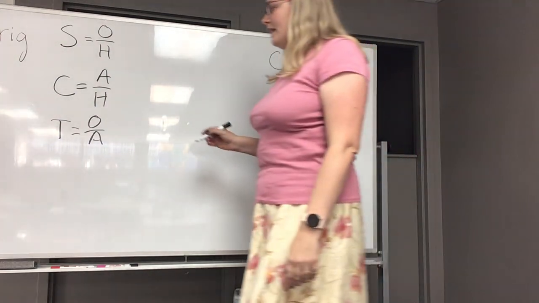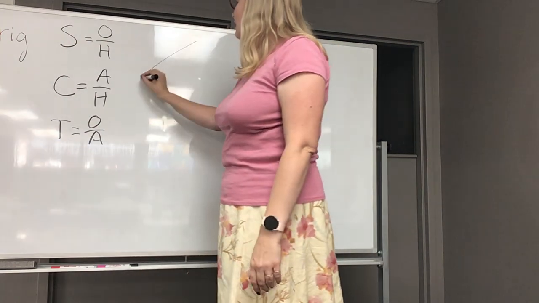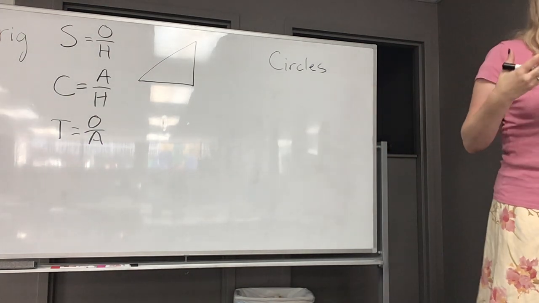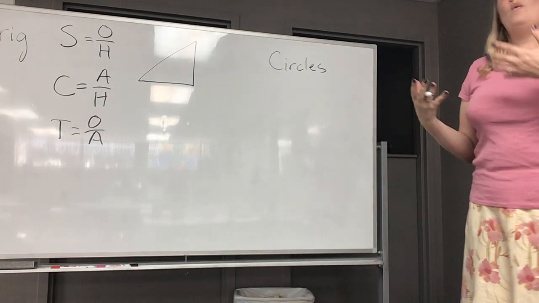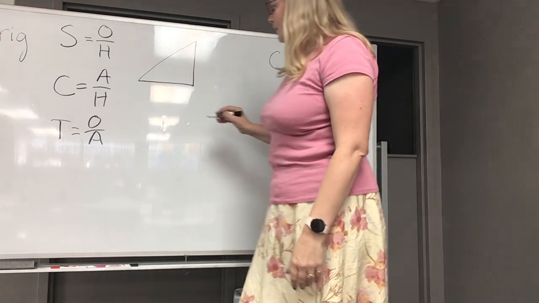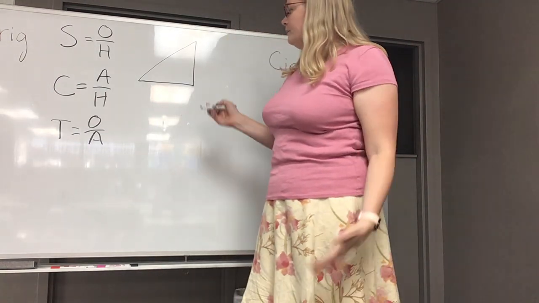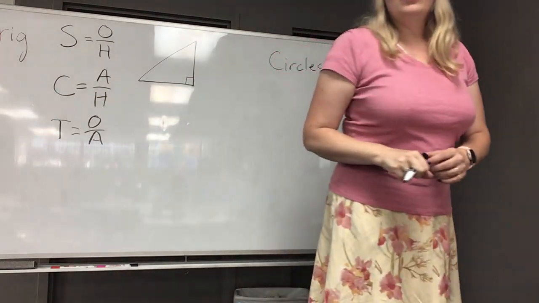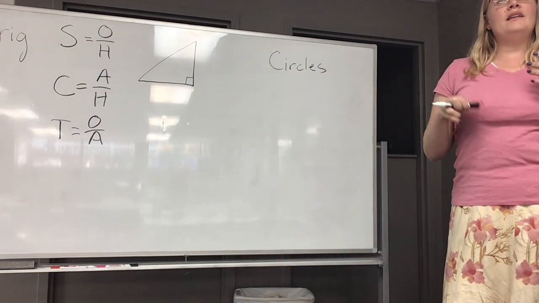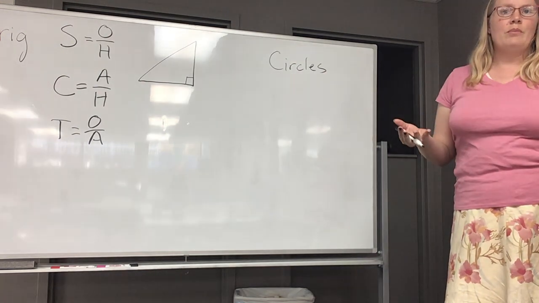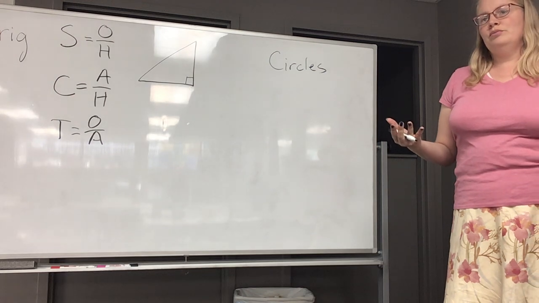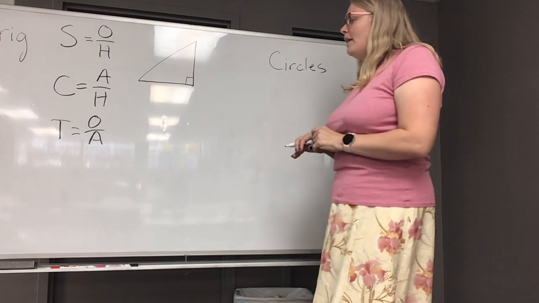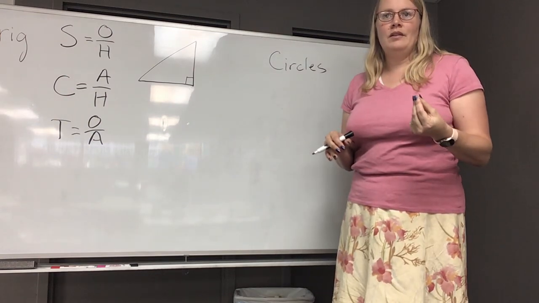But the other vital, important piece of information is that you have to identify what is opposite, adjacent, and hypotenuse. Without having those relationships, it doesn't do us much good to have the formulas. The one that I consider the easiest to remember is the hypotenuse. Not necessarily how to spell hypotenuse, it's kind of annoying and very Greek, but the hypotenuse is constant.